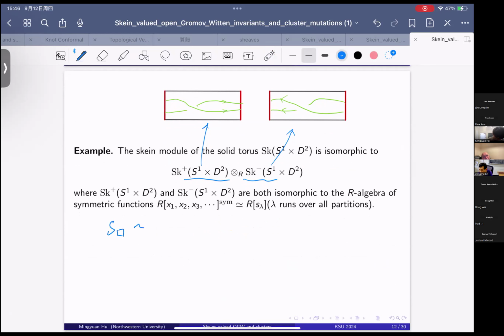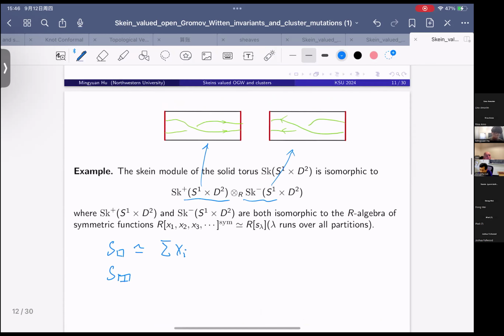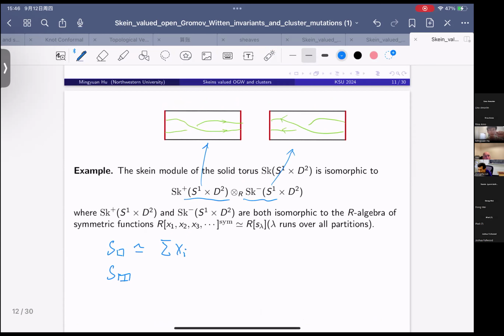And also here, this S1, this solid torus is 3-dimensional, right? Yeah. It's 3-dimensional, but it's annular. So earlier you described the skein algebra for surfaces. Yes. So it's the same here. It's a skein algebra or skein module of annulus.